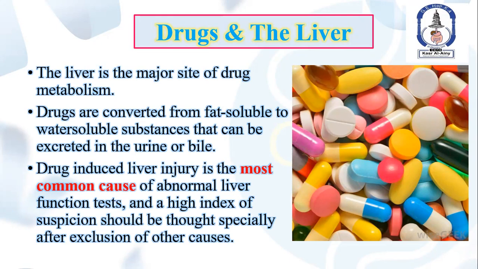If we take 100 people with abnormal liver functions, the majority of them will be due to drug-induced liver injury. A high index of suspicion should be maintained, especially after exclusion of other causes. So in every patient with derangement of liver functions, you must think that there is underlying drug injury.